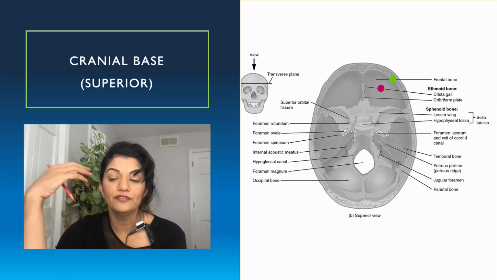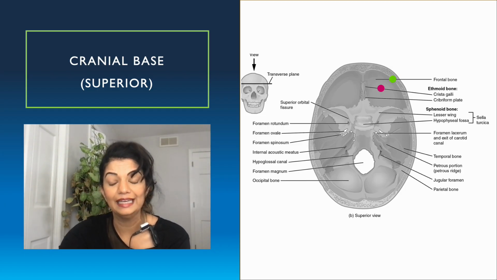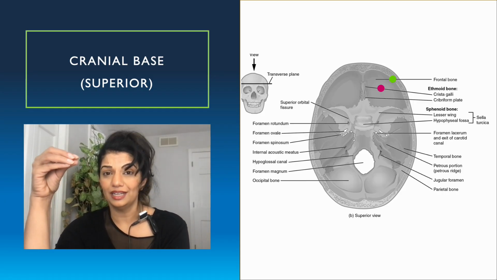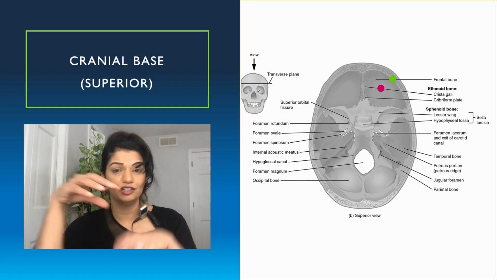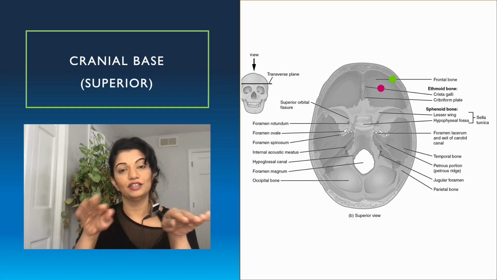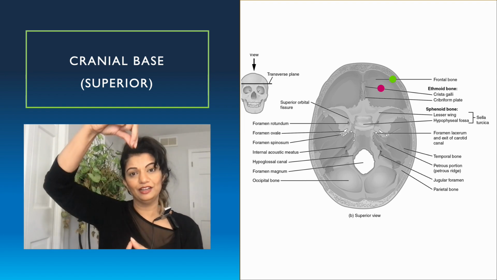And then the function for this crista galli is that it attaches to something called the falx cerebri, which is the part of the dura mater, that lining of the brain, that separates the left and right hemispheres. So it sort of attaches to that.